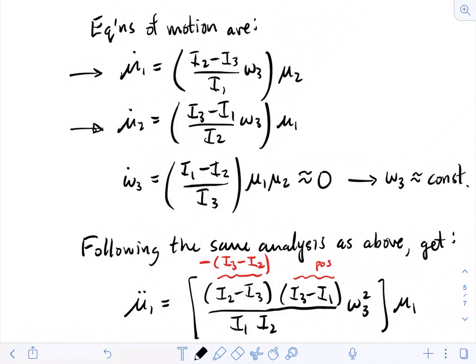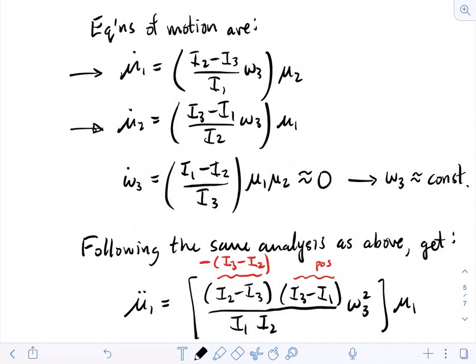You'd sub in for mu1 dot from the first equation of motion, and you would solve it, and you would get a solution that has mu2 oscillating, and its oscillation frequency would be exactly the same frequency that we calculated for the mu1 case.